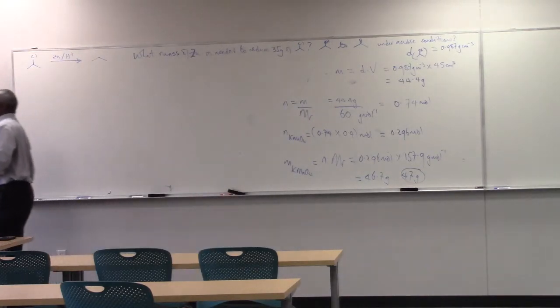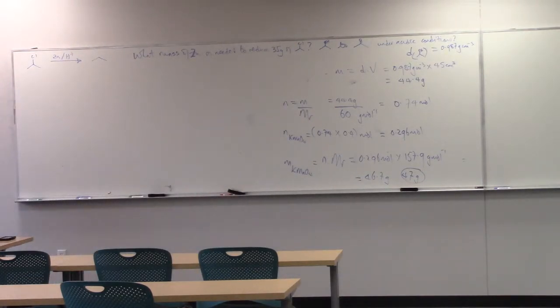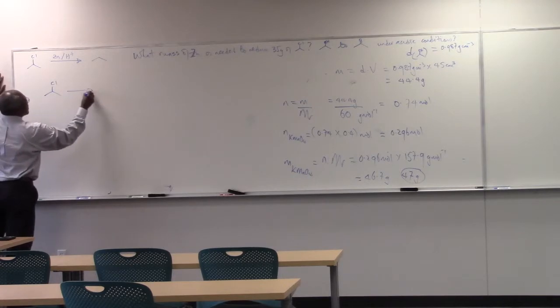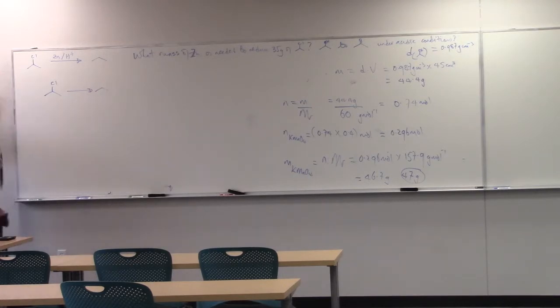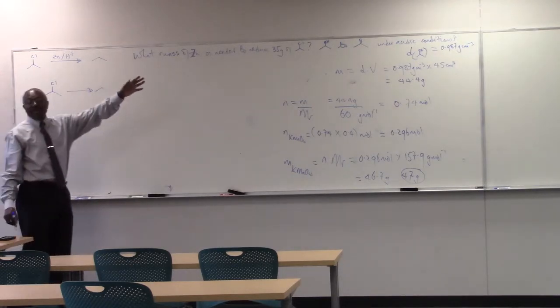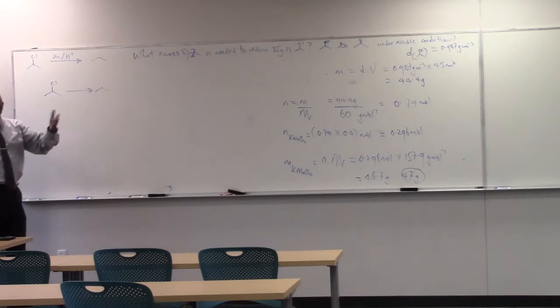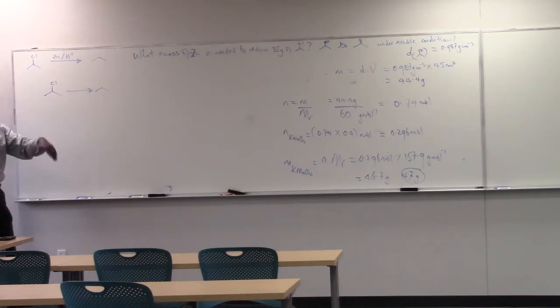Okay. Let's find the chemistry first. So I'm going from this compound into that compound. What is happening? Well, I kind of let the cat out of the bag, it's a reduction. But I'm going from a carbon at the alcohol level to one at the alkane level. That is a 2-electron reduction.